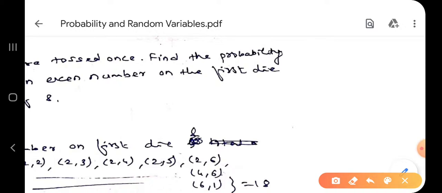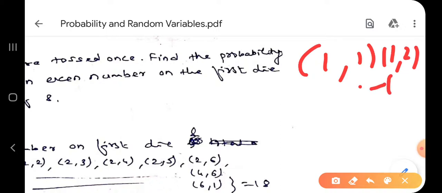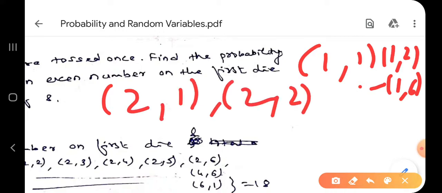Here two dice are there. So 1 1, then next one is 1 2 up to 1 6. In a similar way 2 1, 2 2 up to 2 6.